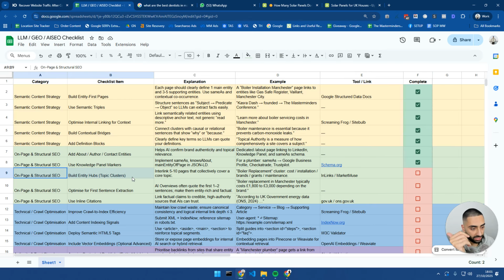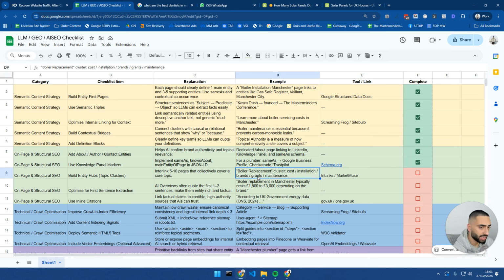The next thing is obviously building entity hubs, so topic clusters. Now, again, it's very hard for Google and also LLMs to trust your website if you don't have enough knowledge. Now, there's certain websites in certain industries that get mentioned a lot more because they have a lot of content to do with hiking, or they have a lot of content to do with SEO, for example, right?